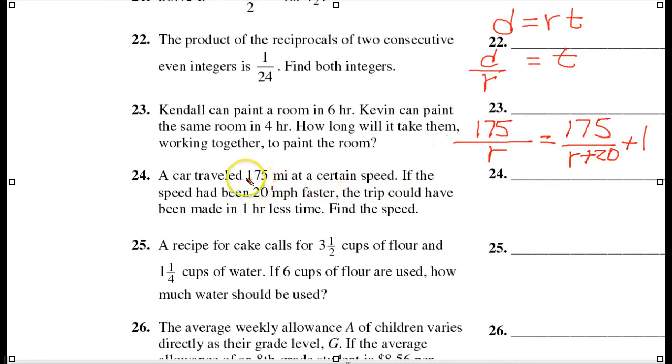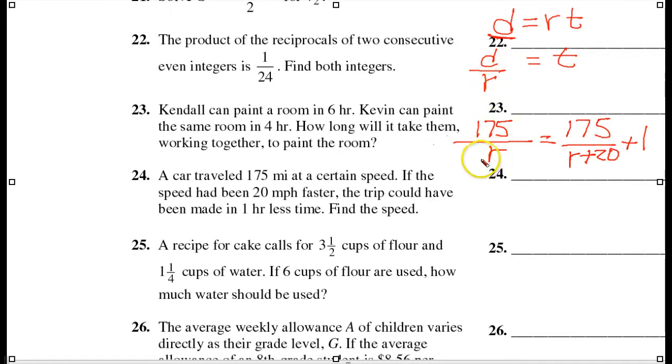We're talking about a car traveling 175 miles at a certain speed. So this is distance equals rate times time. What we don't know in this formula is time. So if we solve for the letter t, time, we get time equals distance divided by rate.